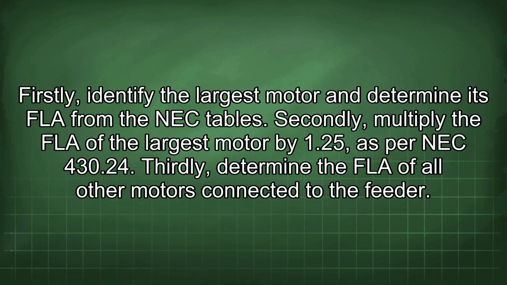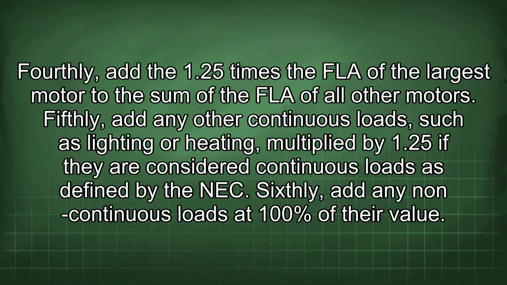Firstly, identify the largest motor and determine its FLA from the NEC tables. Secondly, multiply the FLA of the largest motor by 1.25 as per NEC 430.24. Thirdly, determine the FLA of all other motors connected to the feeder. Fourthly, add the 1.25 times the FLA of the largest motor to the sum of the FLA of all other motors.